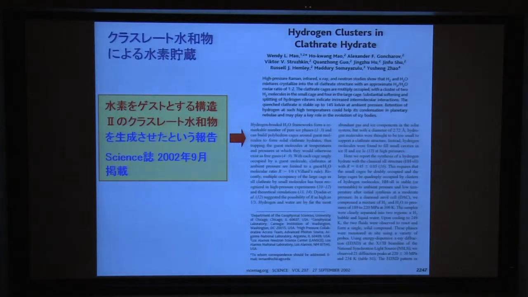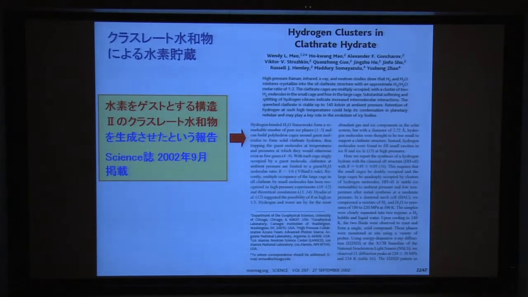And also, for the past 10 years, we have been discussing hydrogen storage. In a way, it might be some kind of fever, but from the mid-90s, we thought we might be able to store hydrogen in hydrate.